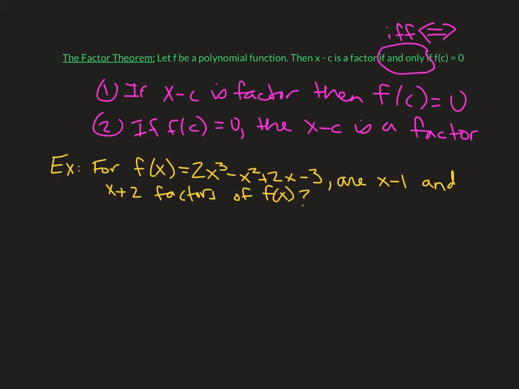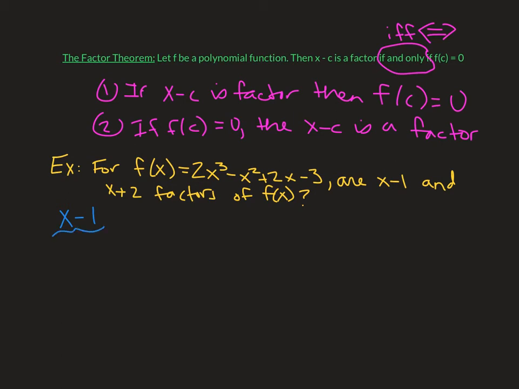We're going to do an example, and we have a function. We want to know if x minus 1 and x plus 2 are factors of that function. There are two ways to do this. One of them is really easy, and one of them is a little bit longer. It's not that it's hard.